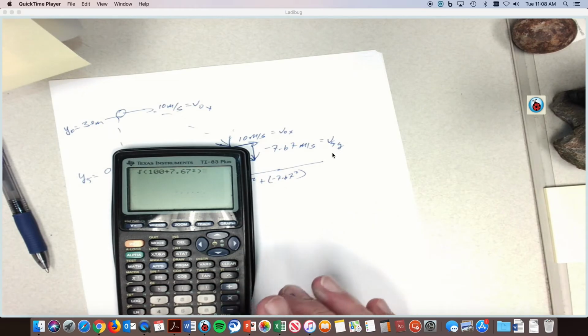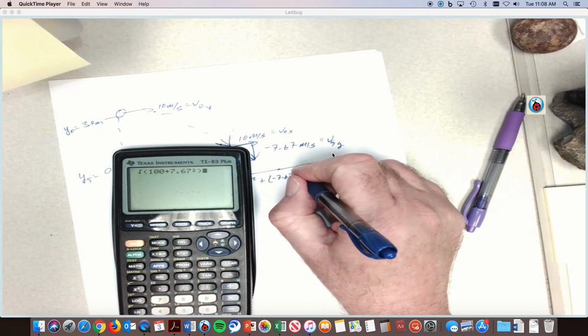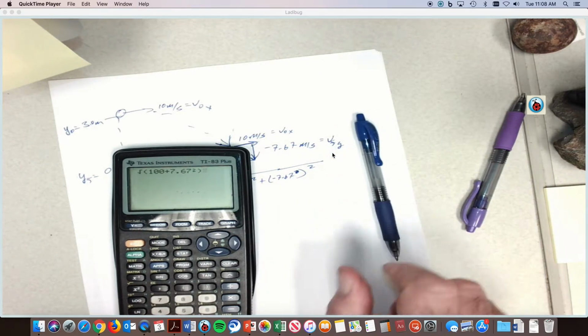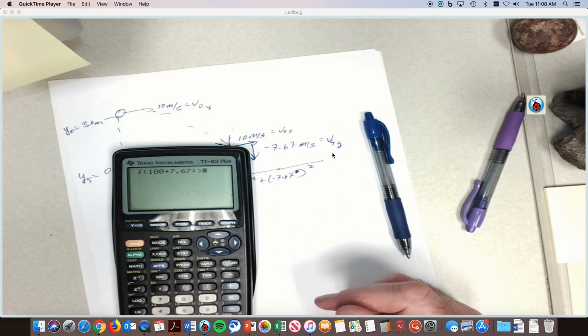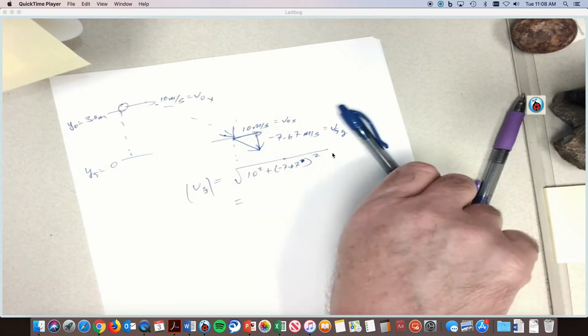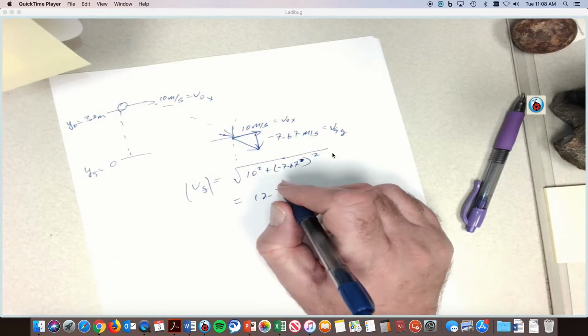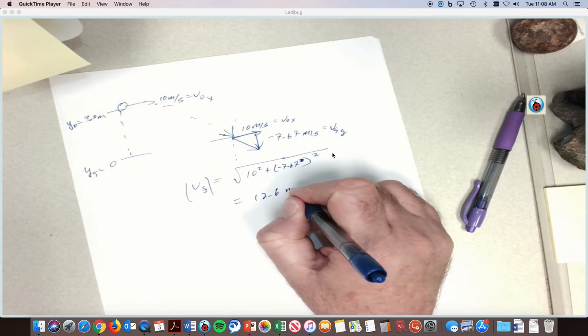I need to do it this way. So it looks like that. 12.6. So the magnitude is 12.6 meters per second.